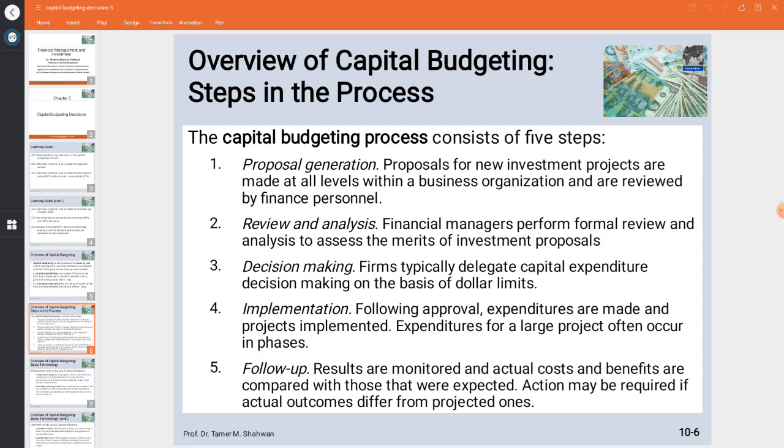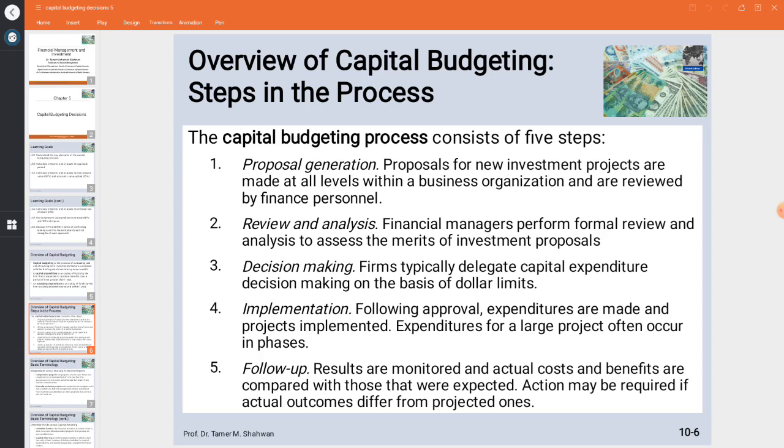To assess whether this project is successful or not, the fifth step is the follow-up step. Follow-up means we monitor our actual costs, comparing them with our expected benefits to determine whether this project was a profitable one or not, and if not, we must search for the reason, and action may be required if the actual outcomes differ from projected ones.